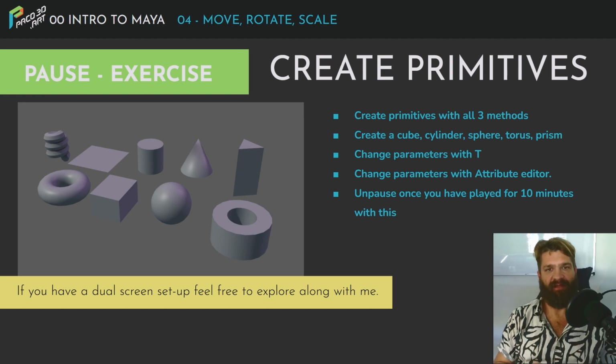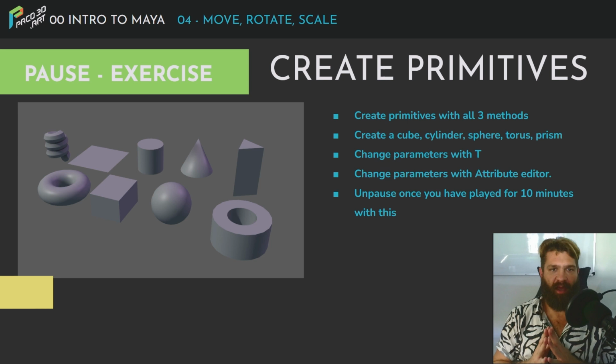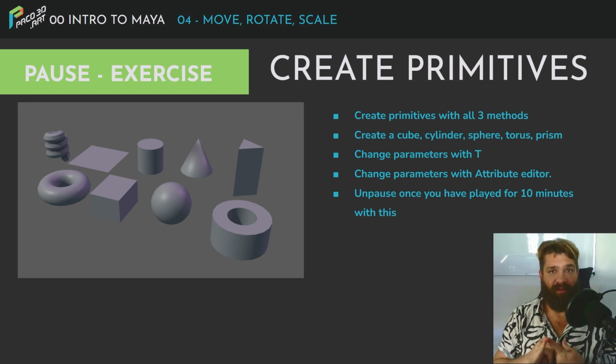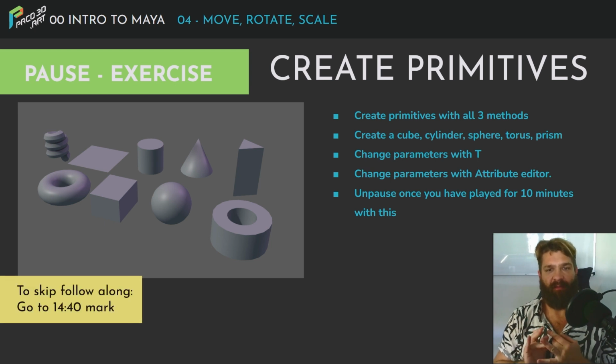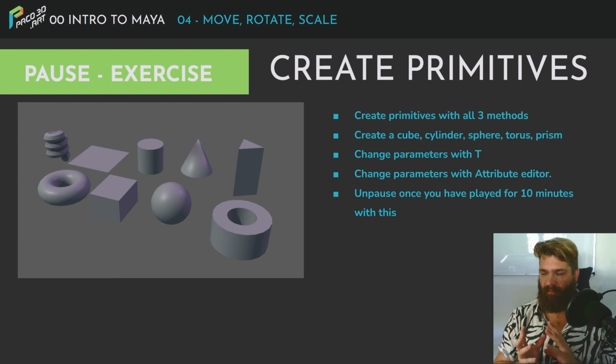Make sure that you can do as many different primitives as you can, but it is most important that you pause this video and you take a good solid 10 to 15 minutes to create as many primitives as you can. Just make a cube, make a cylinder, make a cone, make a sphere, and see how you can change the parameters, like add more geometry, remove geometry. Have a bit of a play and see what you can do, because you'll be surprised.